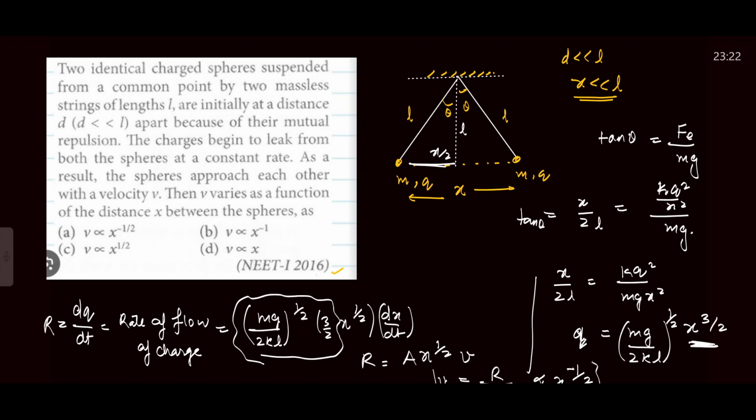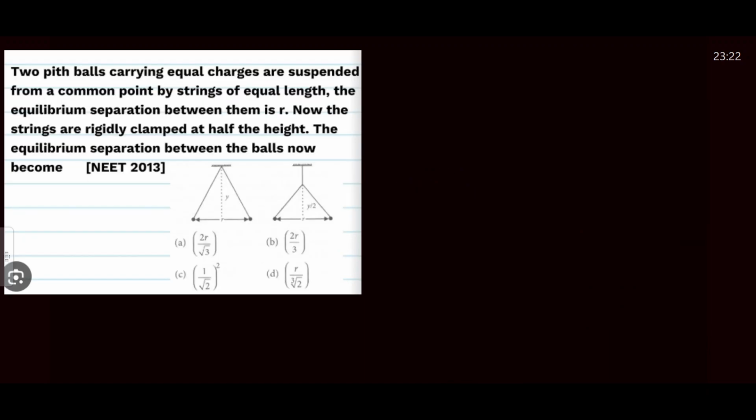This is the final result of this problem. When the charge is leaking, the velocity of approach of the pith balls is proportional to x to the power minus 1 by 2. It's a very simple question. You can understand it.